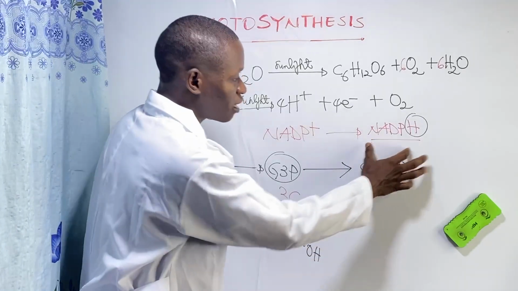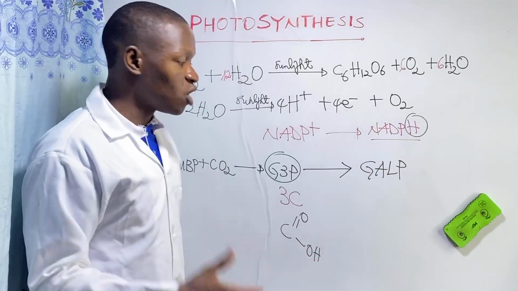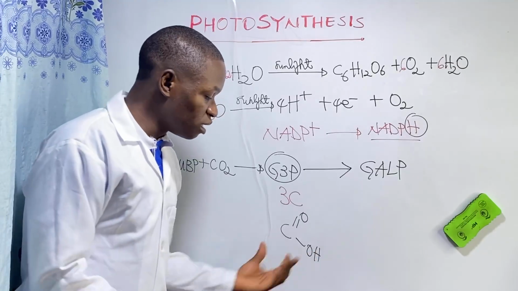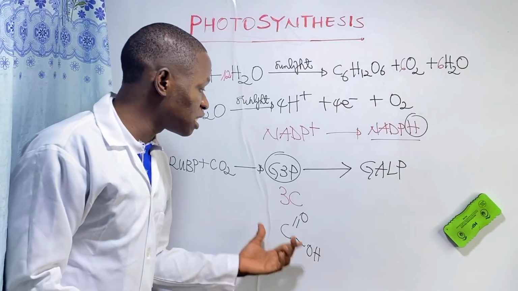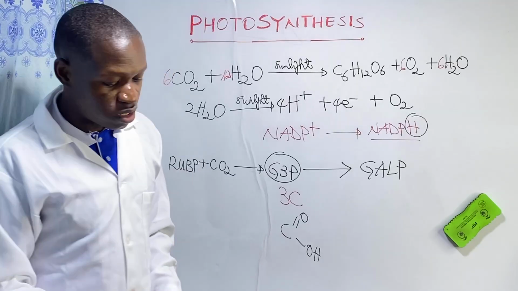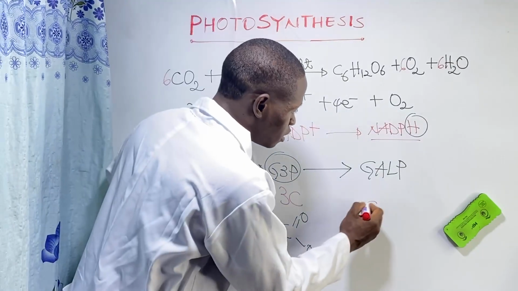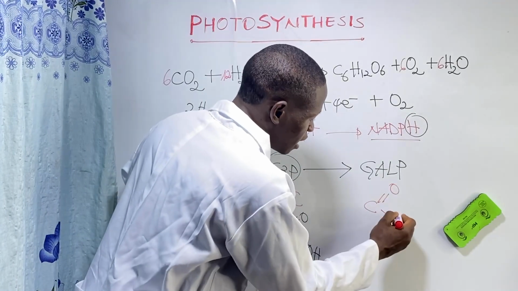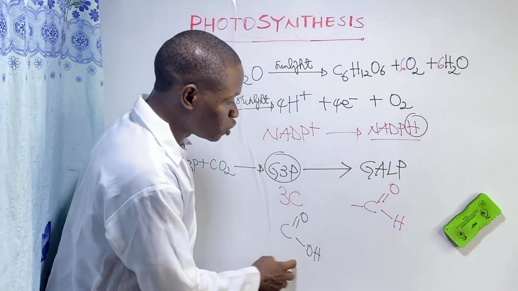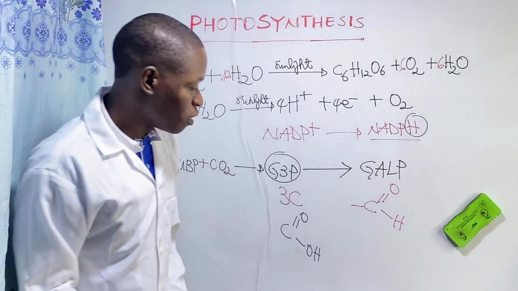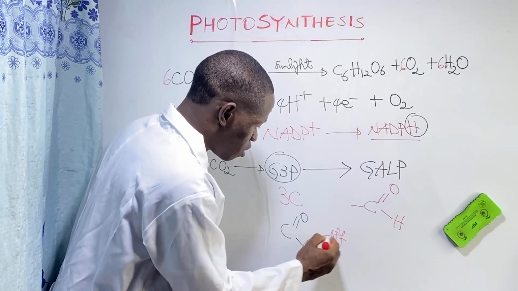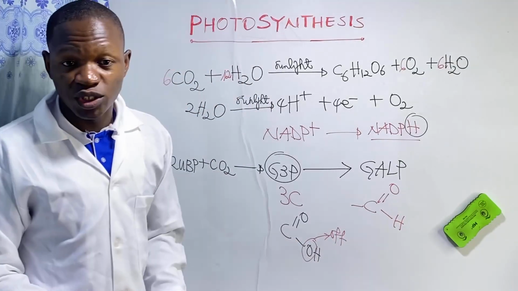So when NAD brings hydrogen, the role of that hydrogen is to reduce the carboxylate group in glycerate 3-phosphate into an aldehyde group. And how is it reduced? An aldehyde group is this. So this group will be reduced to an aldehyde group by removing this oxygen at the hydroxy group.